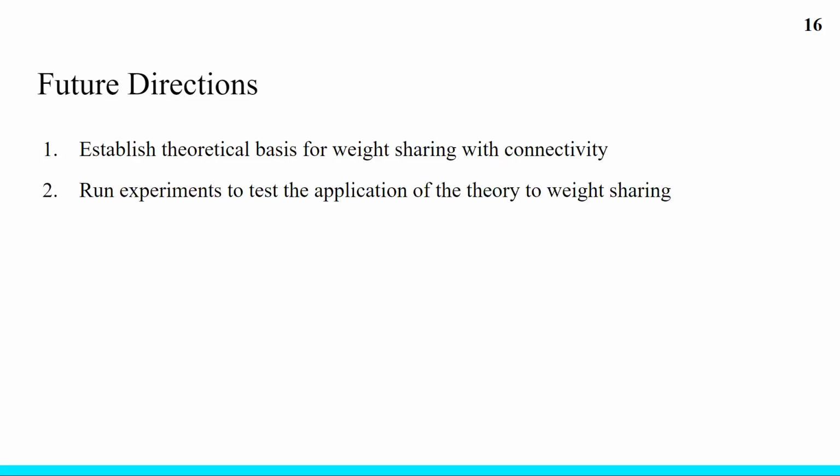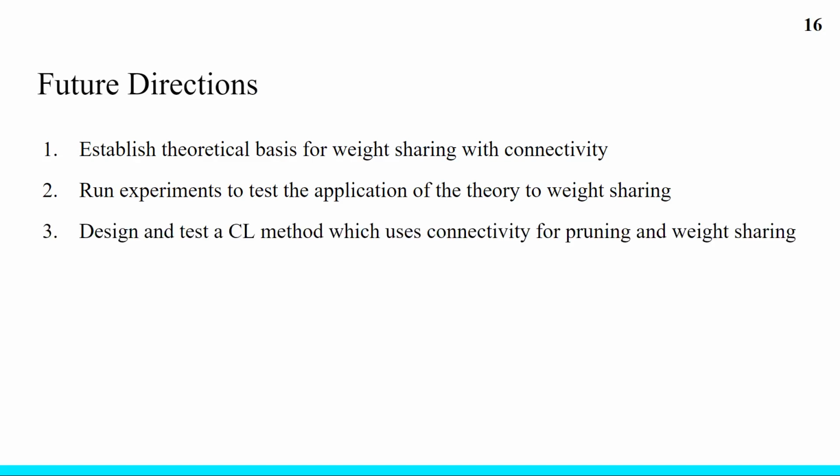After which, setting up and running some experiments to verify those findings will be necessary. Ultimately, the goal will be to design and implement some continual learning method that leverages these connectivity values and information flow in both the pruning and the weight sharing of the network.